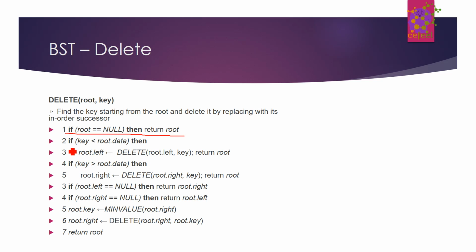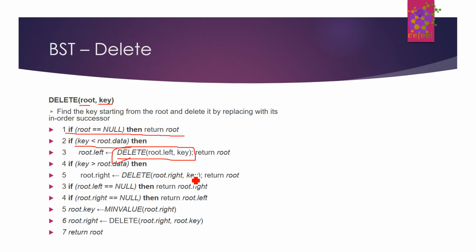Next, if the element that we are searching for, which is the key, is less than root.data, which means we need to delete an element present in the left subtree, we just delete from the left subtree and then return.